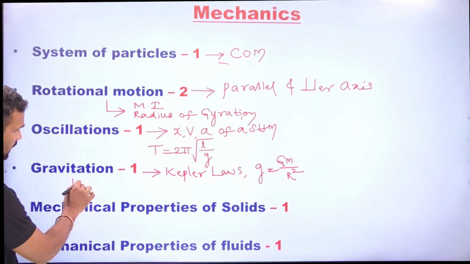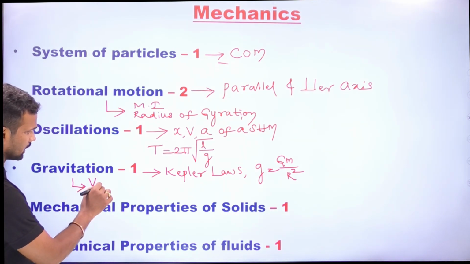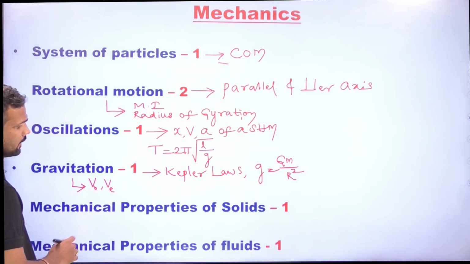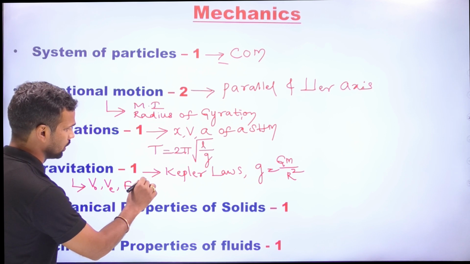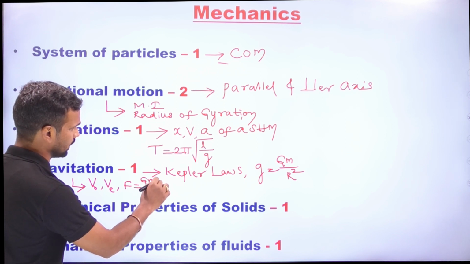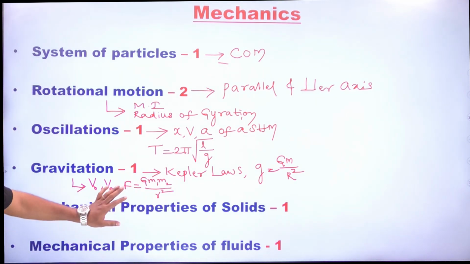Now where we get the question: orbital velocity v naught, escape velocity v, and the universal law of gravitation concept, F is equal to G m1 m2 by r square. Based on this concept, you may get 1 numerical question.